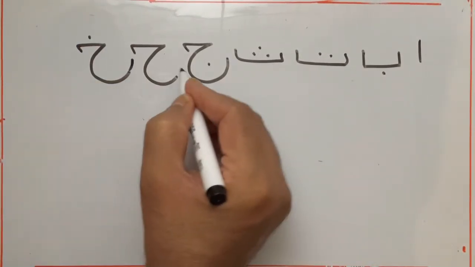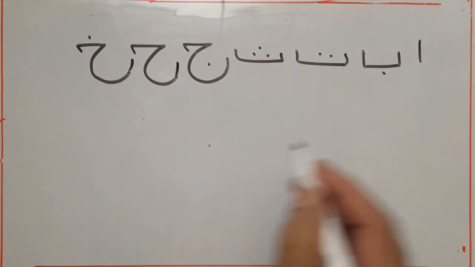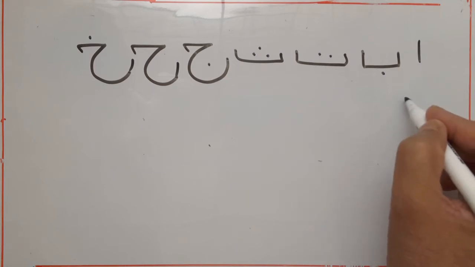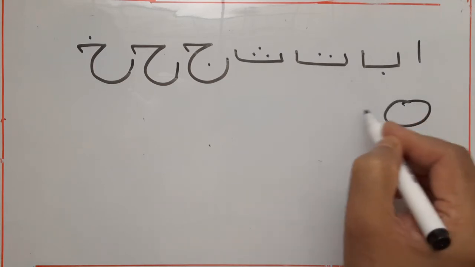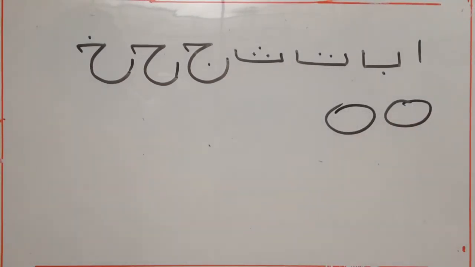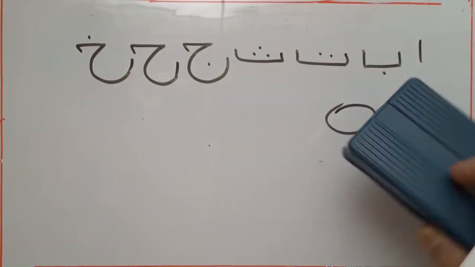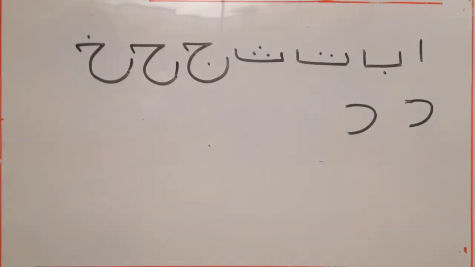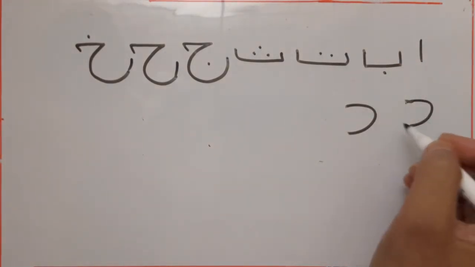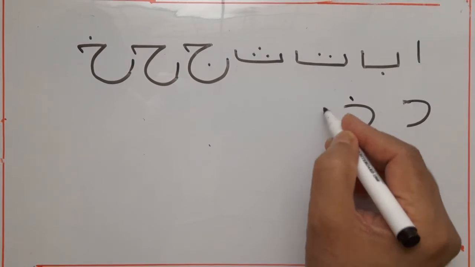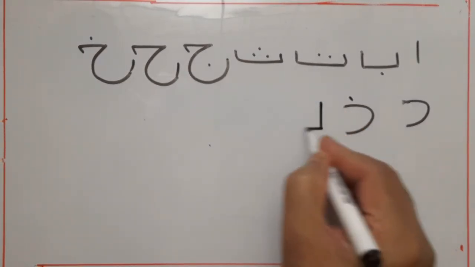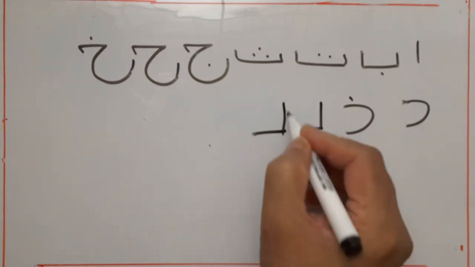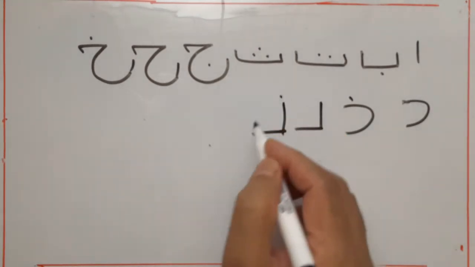See the roundness coming up here. Jim, ha, kha. Then if you had a circle here, say two circles here, then you could wipe off half of the circle to give you a dal and a dhal. Okay? Straight shape here, straight up, sideways as well. Now ra, similarly za, ra, za.